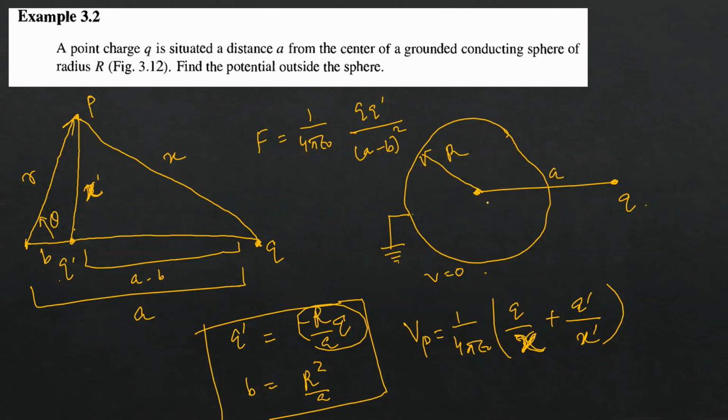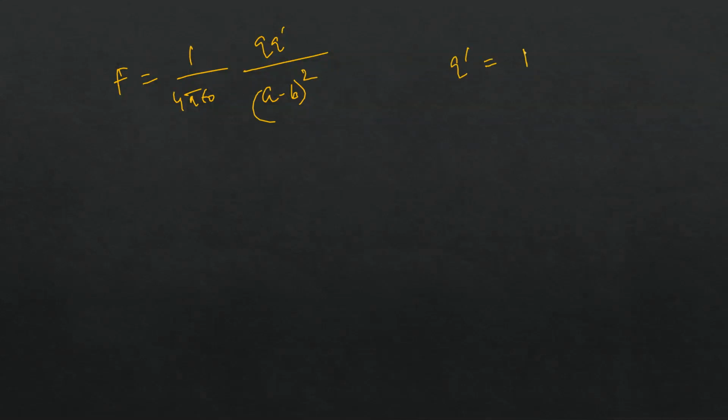Let's do it. If I write the force value again, F is equal to 1 by 4 pi epsilon naught, q q dash by (a minus b) whole square. q dash is minus r by a into q, and b is equal to r square by a.